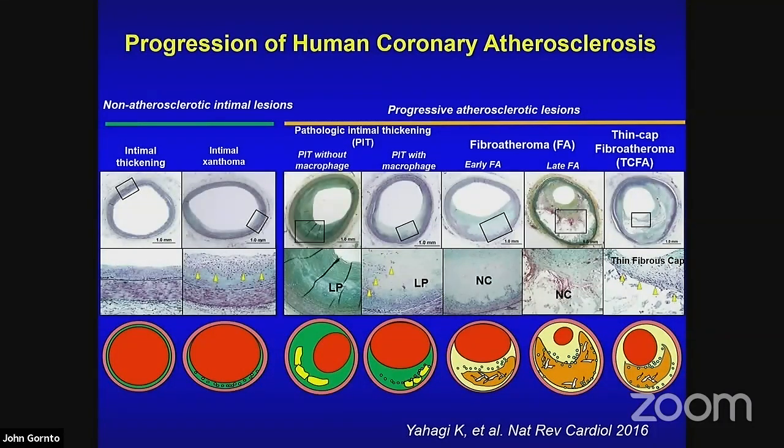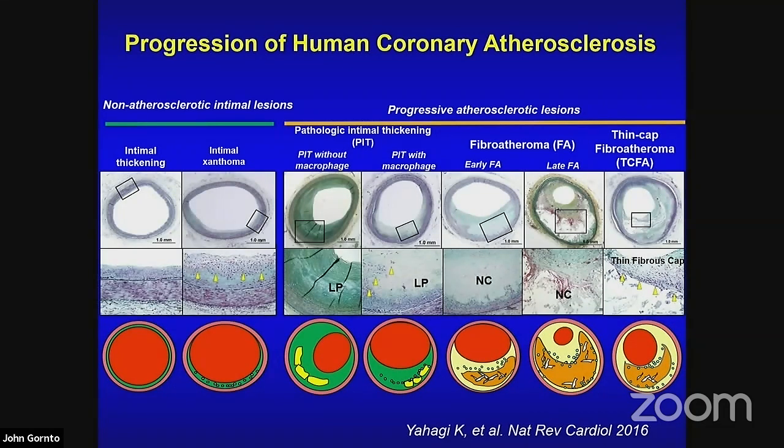But what are the lesions which are progressive? These are the lesions which are progressive. That is pathologic intimal thickening. They can occur with and without macrophages. You can have fibroatheroma. We call it into two types. There's early, late fibroatheroma when it's a real necrotic core. Early fibroatheroma is one when macrophages infiltrate into that lipid pool.